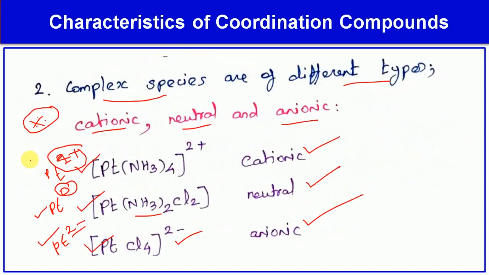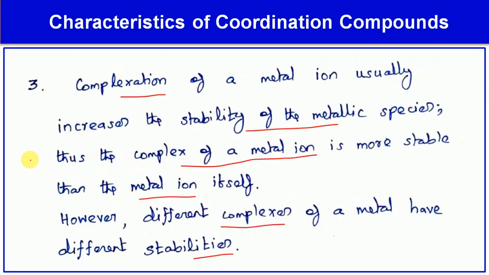And the second point: complex species are of different types, cationic, neutral, and anionic. These are the examples of these three types. Third, complexation of a metal ion usually increases the stability of the metal species, which means the complex of the metal ion is more stable than the normal metal ion.